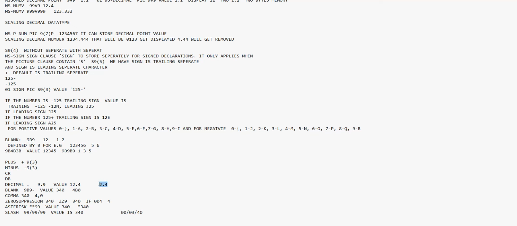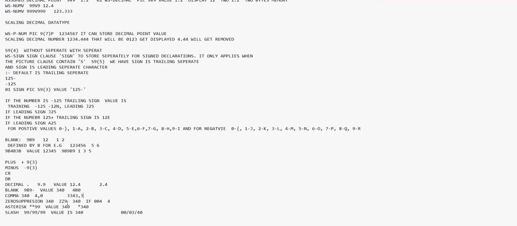Okay, got it. And the blank, we have already seen, right? If it is 9B9340, it will take from here the zeros and space 4. And we have comma also. Whenever we want to store the value with a comma, like 1,2,3,4,5, this is also for amount fields we will mention.